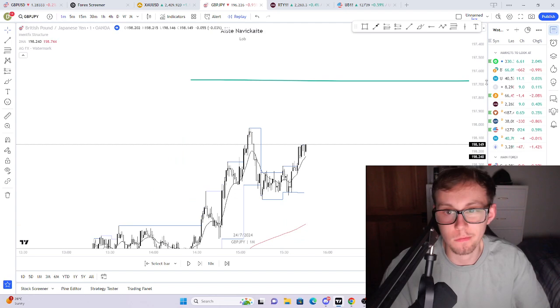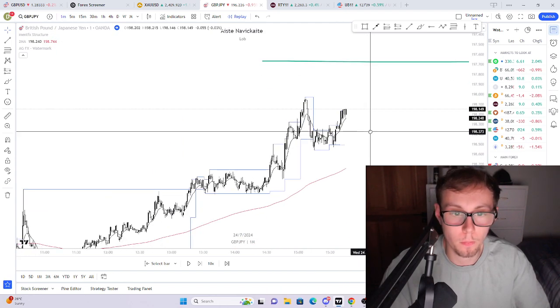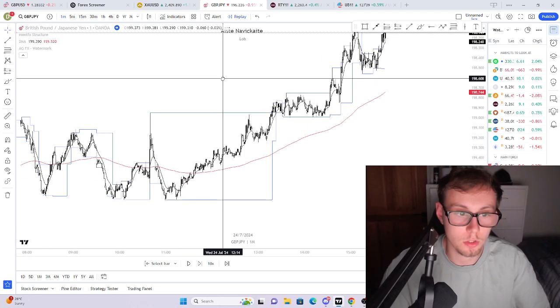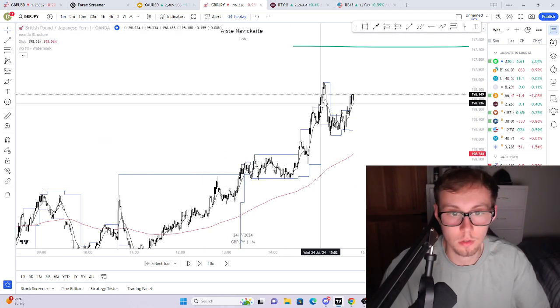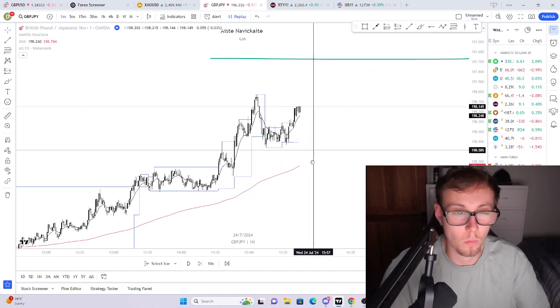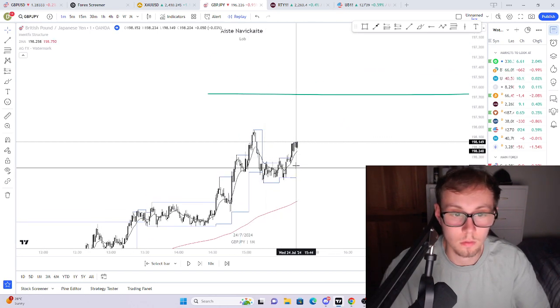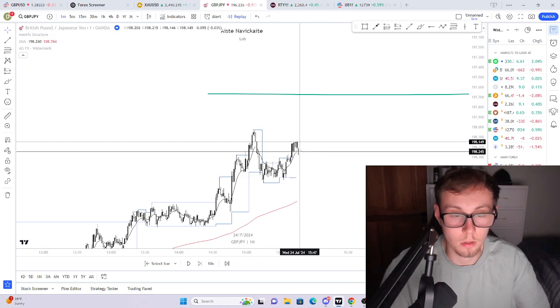Does it make sense? Not really. It went from a stage 1 into a stage 2, which is now into a stage 1, into a stage 2. I'd probably wait.